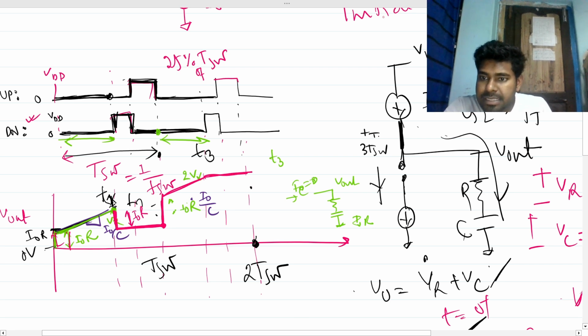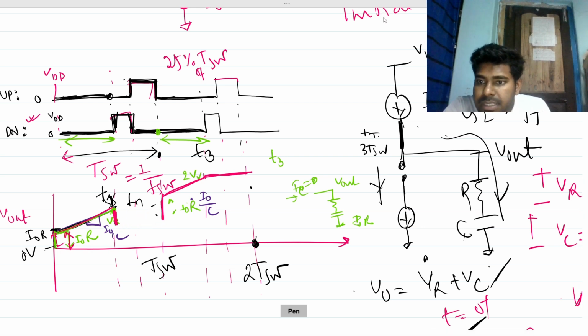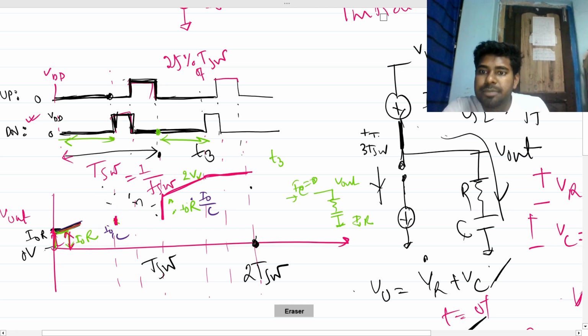So this height is I naught R, and this is your whole V out, and this is also dropped by IR. Okay, let me do it correctly.